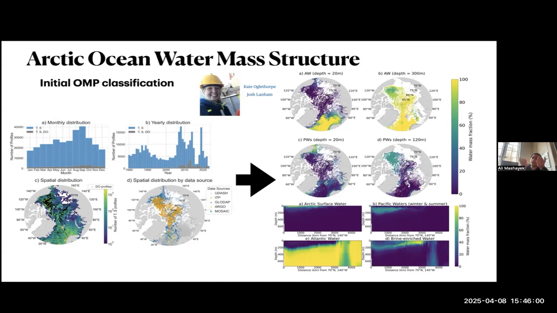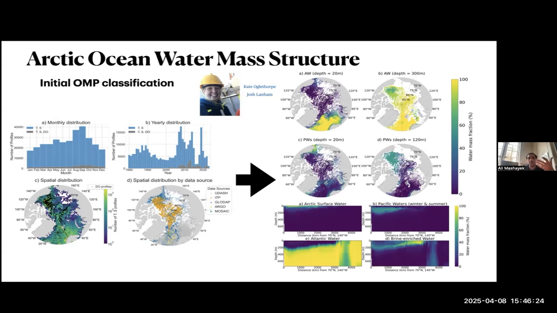For example, the ice-tethered profilers under the ice mostly measure temperature and salinity. So we don't have many tracers to work with, and it's much more data limited, but we have just enough oxygen data to constrain the solution to define the water masses that we can then apply to a larger data set when we have temperature and salinity. And that gives us the distribution of water masses under the sea ice.